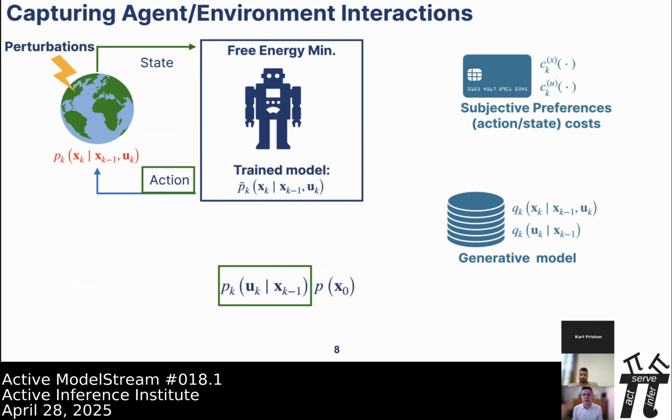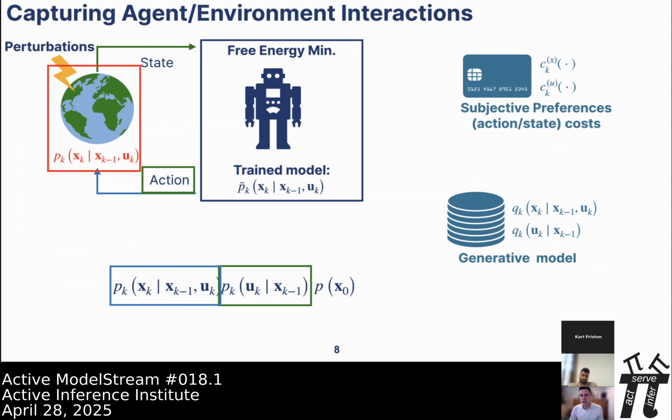This is the policy that the agent will use to generate u_k given the current information. And this u_k, once sampled, is sent to the environment, to the world, and it will make it transition to a new state, x_k. Now, this is just a snapshot at one time step. This happens continuously between 0 and, let's say, some final time, N.